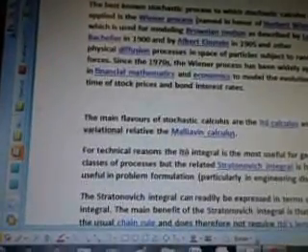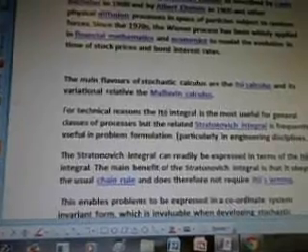Since the 1970s, the Wiener process has been widely applied in financial mathematics and economics to model the evolution in time of stock prices and bond interest rates. The main flavors of stochastic calculus are the Ito calculus and its variational relative, the Malliavin calculus.